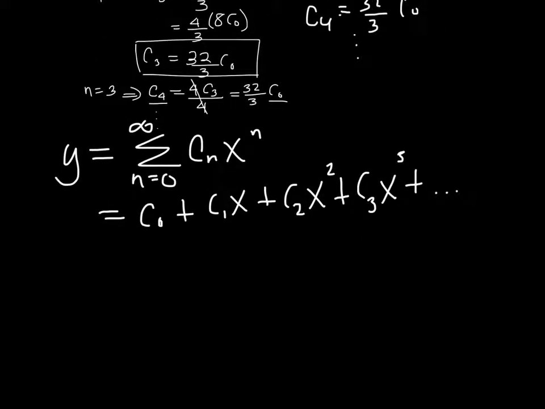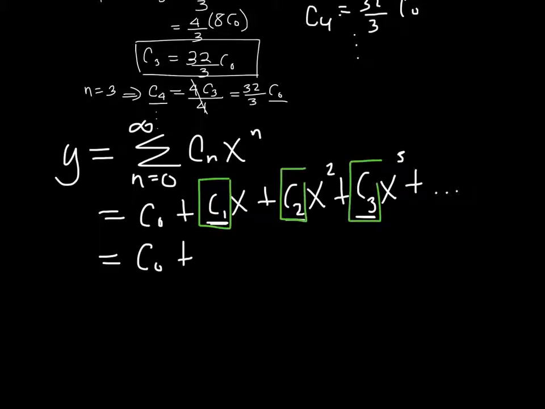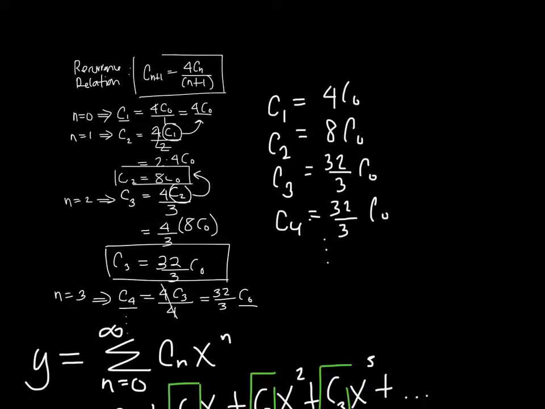Okay, so let's go ahead and input our Cn's in terms of C0. So C0 plus, what were our C1, C2, and C3? Maybe let's highlight those. They're right here.